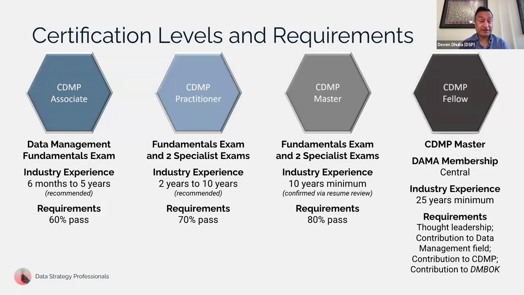This requires 25 years of minimum industry experience, and you need to be a stalwart in the industry, which means that you need to have published papers, you need to be very active in the Dharma organization, you need to be contributing to data management fields and be speaking at keynotes, at conferences, and so on, and just generally show that you're a trusted advisor and a thought leader in this field. Then also, of course, you have to be a CDMP master and you need to have the active Dharma membership. At this point, only 3 fellows in the entire world, CDMP fellows. So this is how challenging it is to get to this level.